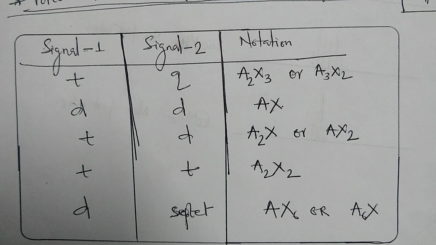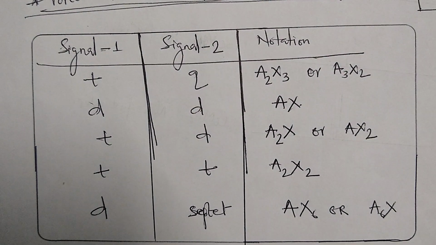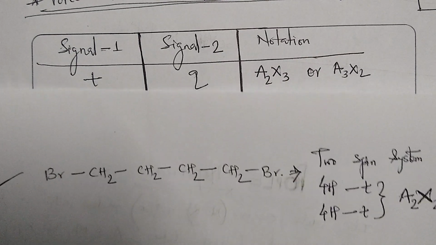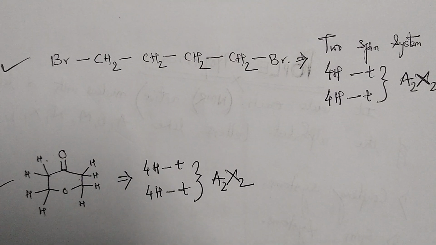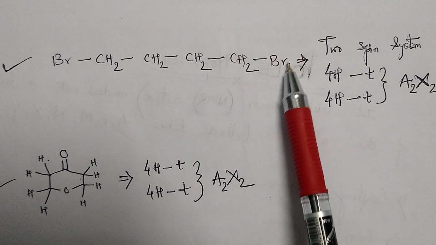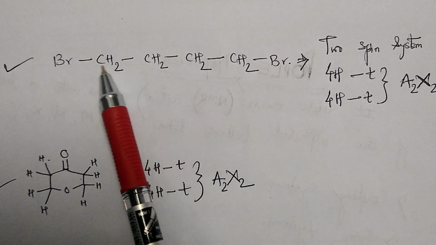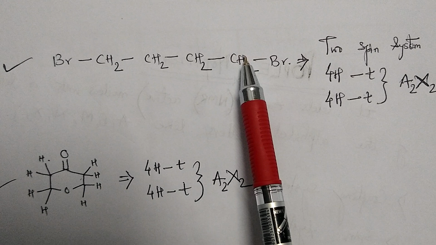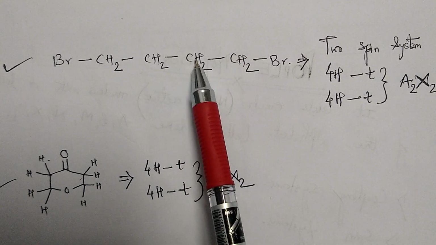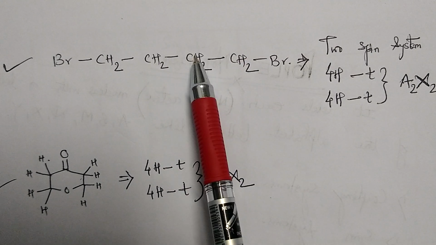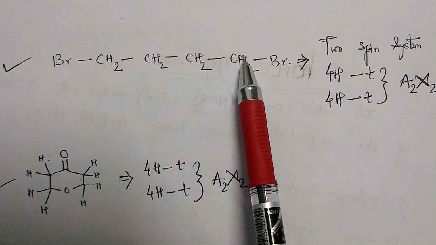With that we will move towards other examples which will give more ideas about the Pople notation for the two spin systems, in which we have this example where bromine is on both sides and four CH2 in the middle. Among the four CH2, these two CH2 will be in the same environment and these two CH2 will be in the same environment.